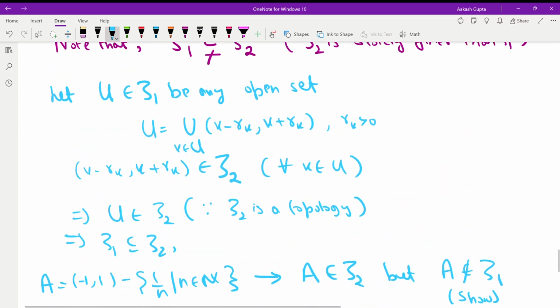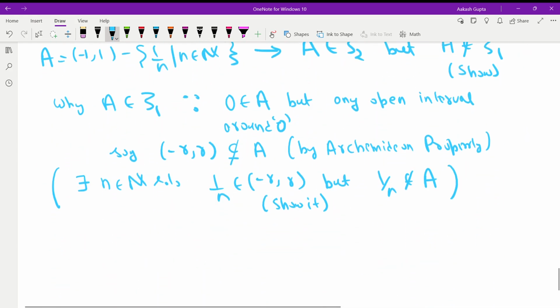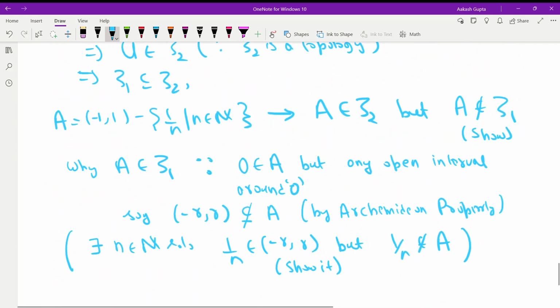So you see, the Smirnov topology has many more open sets than the usual one. It's the bigger one. So now you have more open sets, and later on you will see the advantage of open sets as the sessions and course go on. And I have given you motivation also.